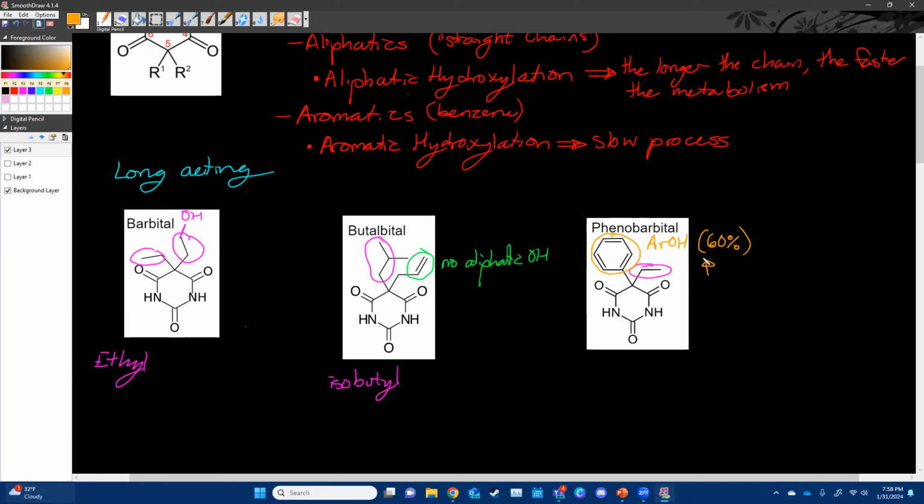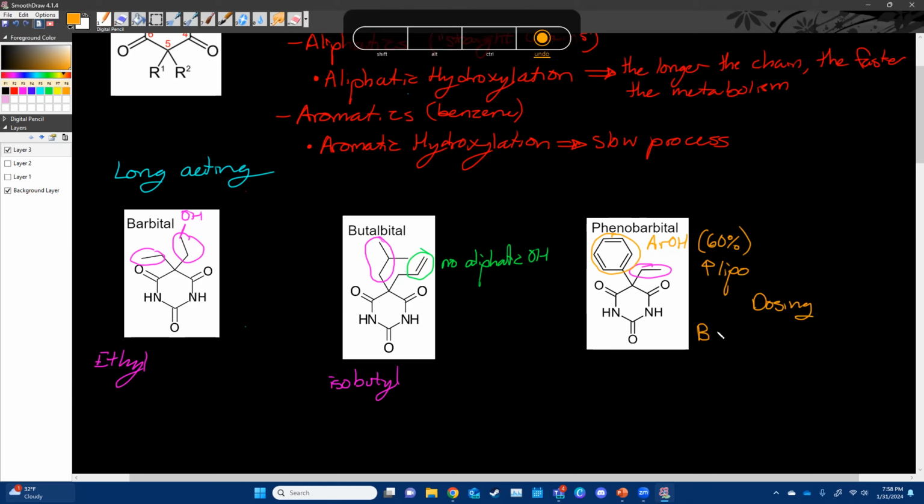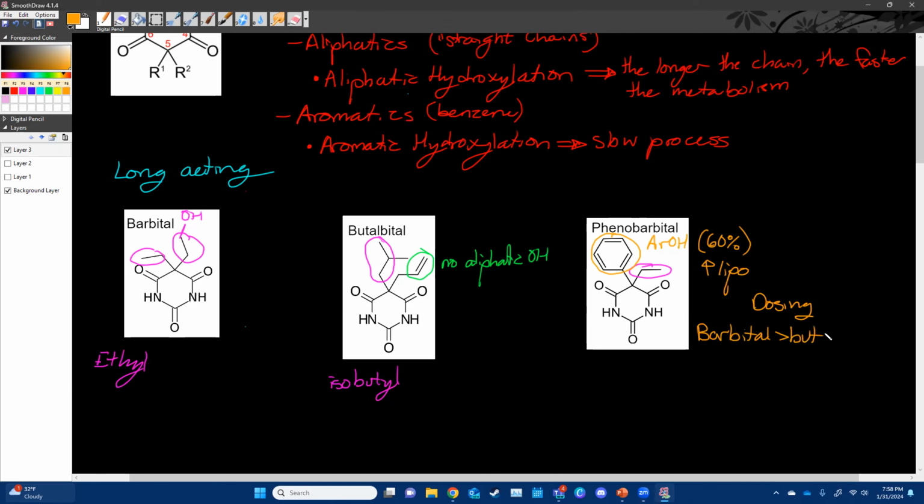The other thing to note is that having this benzene ring increases lipophilicity a ton, which means that when we look at the potency or the dosing needed for these drugs, we would need a lot more barbital than butalbital than phenobarb.